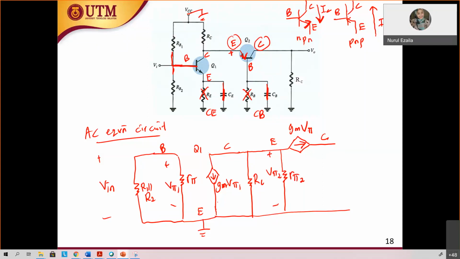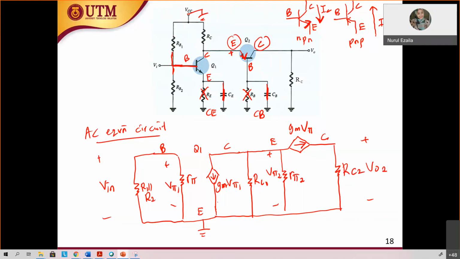RB is already short circuit because CB is short circuit. So what else do you have? RC. Yes, RC2. This is RC1. And this is your V out 2.